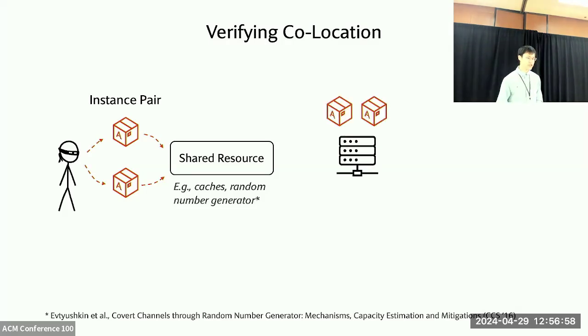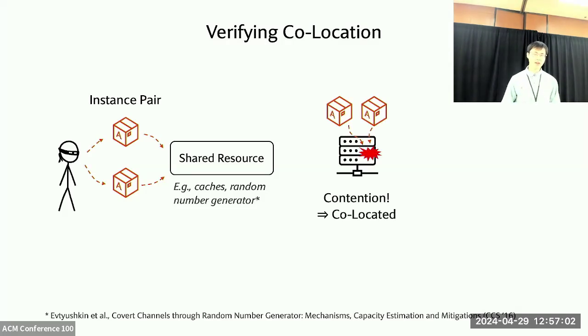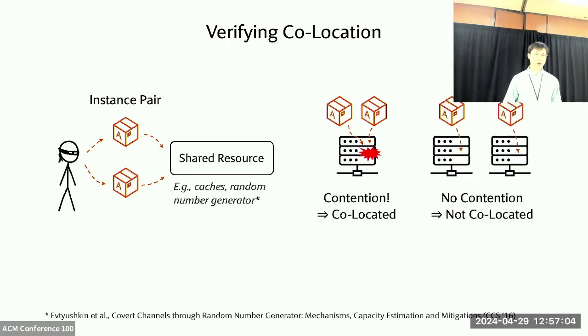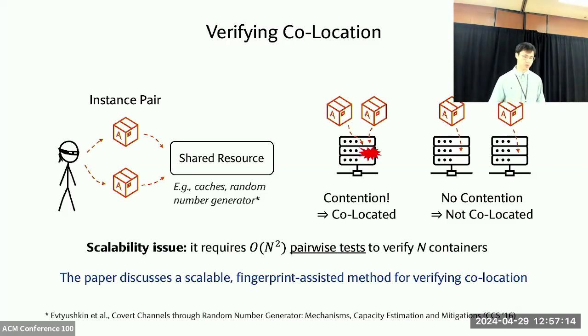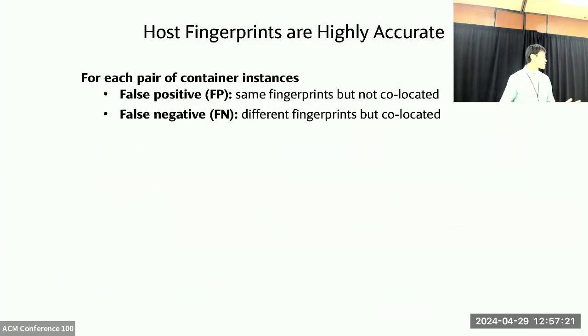And if you see contention in both containers, then you know that they are co-located. Otherwise, they are not. While simple, this approach is not very scalable because it's going to require O(n²) pairwise tests to test n containers. And in the paper, we proposed a more scalable approach to validate co-location, which is assisted by the fingerprints. But nevertheless, we use this method to validate the accuracy.